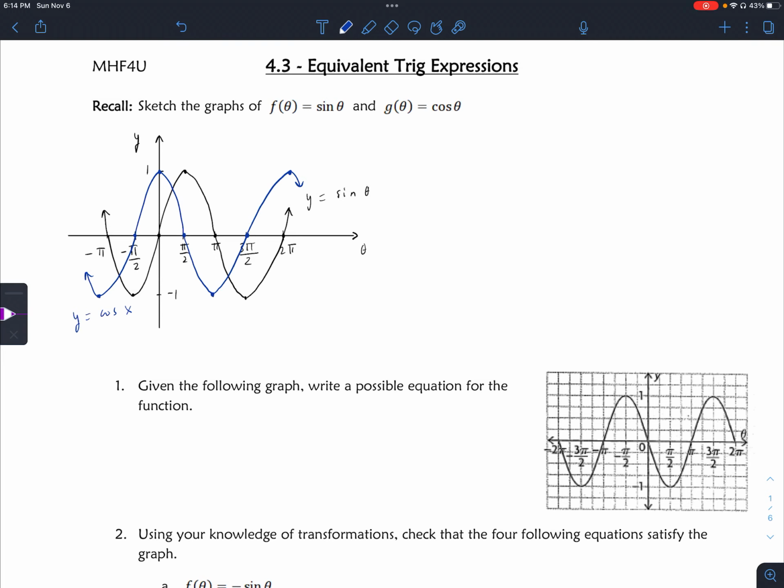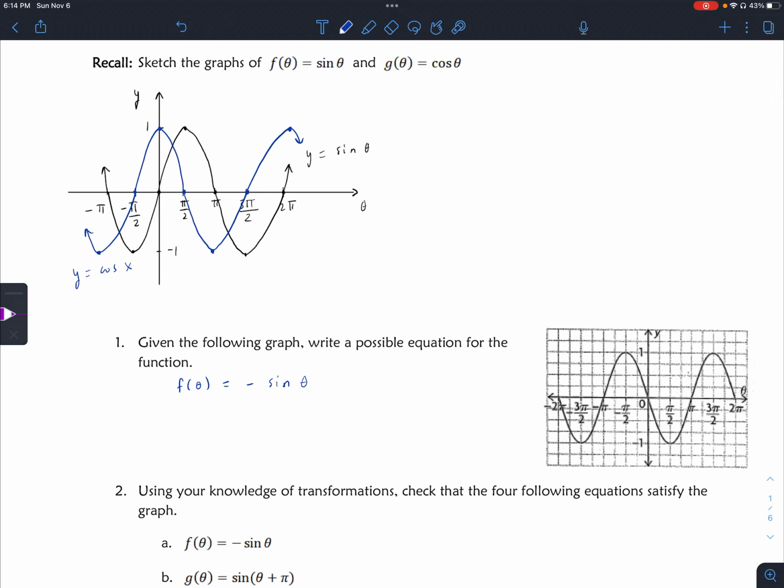And so what I could write is that the equation of this function could be f of theta, because it does say theta there, is equal to negative sine of theta.